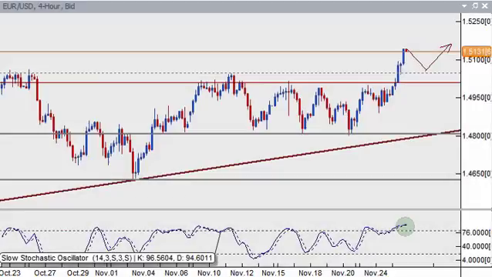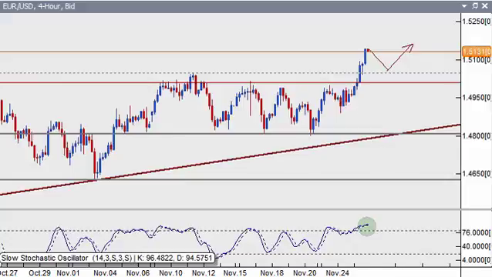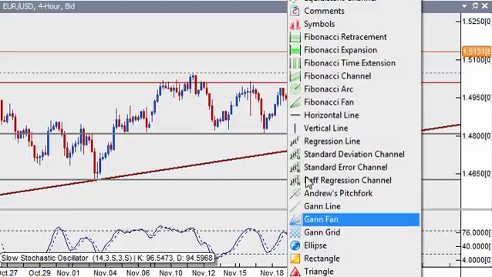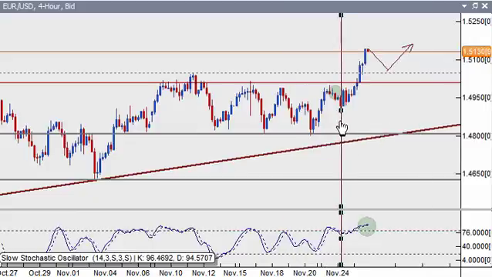So our first pair is the euro dollar pair. We were here yesterday as the market was showing some signs of reversal, and it was at an important power line.